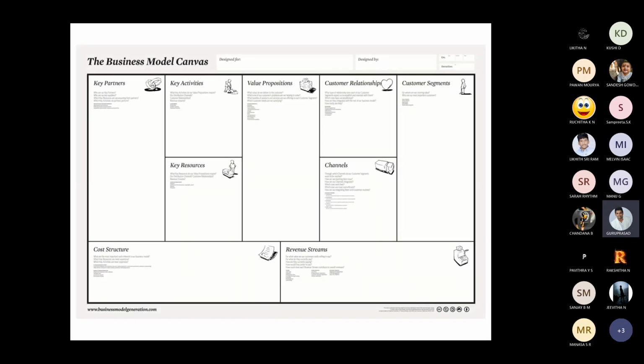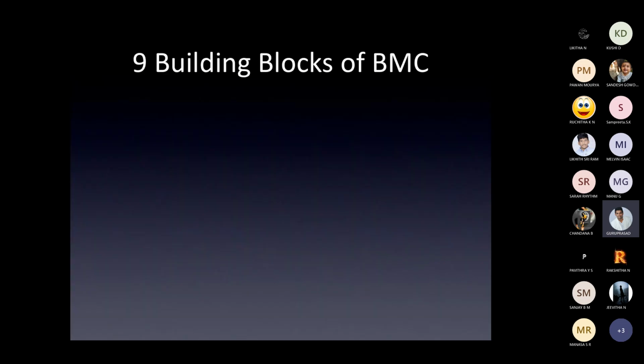The very first one is customer segment. We'll see what the nine building blocks are, and we'll see them one by one. That is your business model canvas. I'm sure that if you implement this business model, at least a few percentage of improvement in your business model identification will be better than without the business model canvas. Now let's see the nine building blocks of the business model canvas.